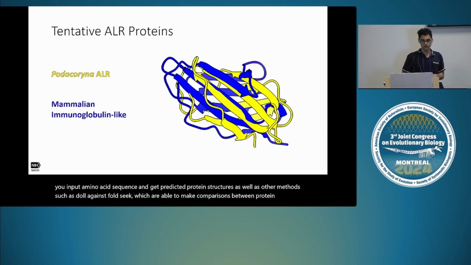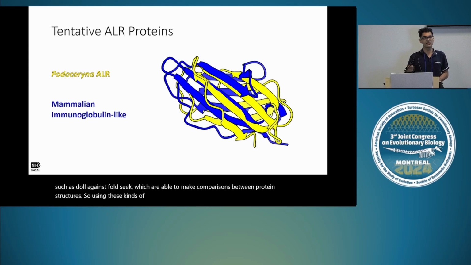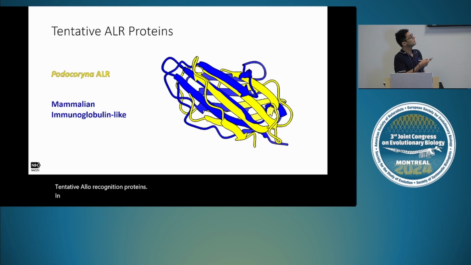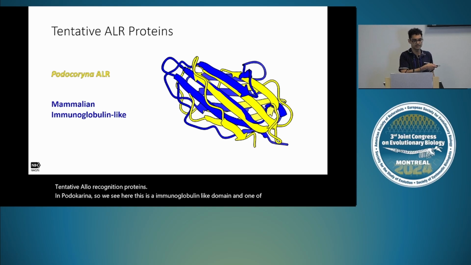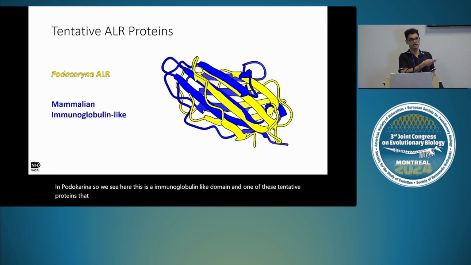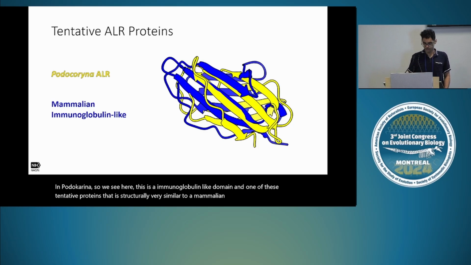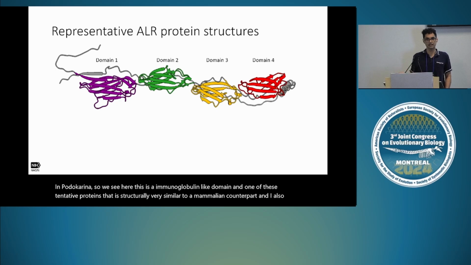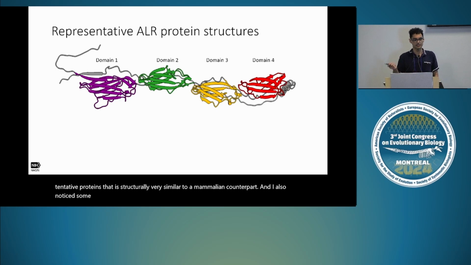Using these kinds of methods, I am able to identify tentative allorecognition proteins in Podocoryna. So we see here, this is an immunoglobulin-like domain in one of these tentative proteins that is structurally very similar to a mammalian counterpart. I also noticed some variability in the allorecognition proteins in Podocoryna that I identify.